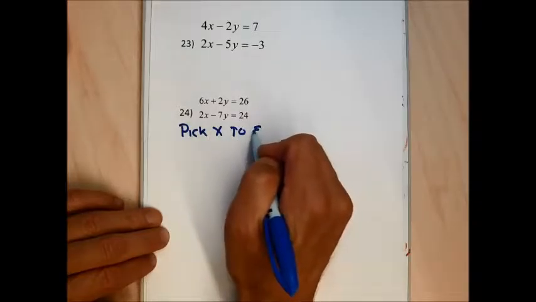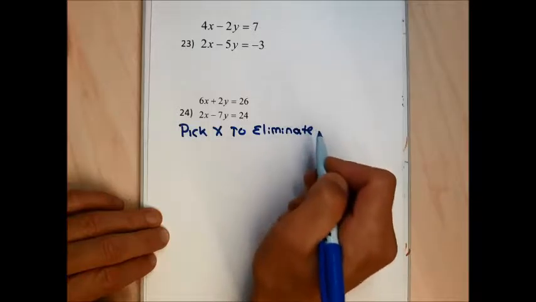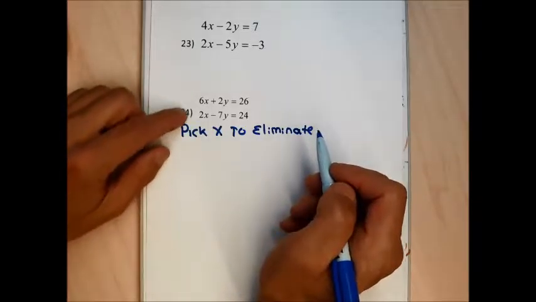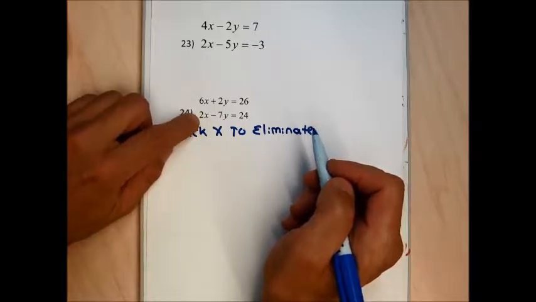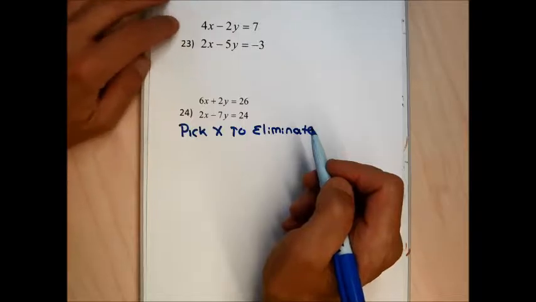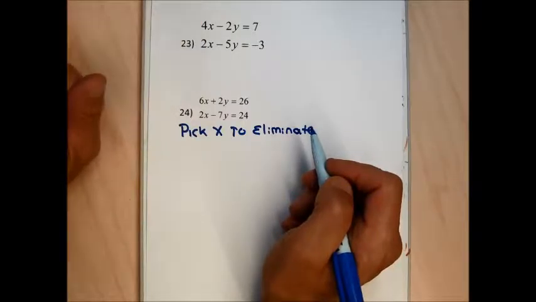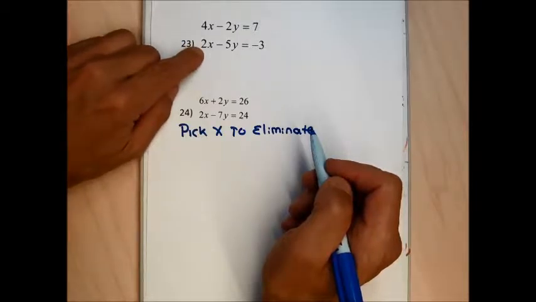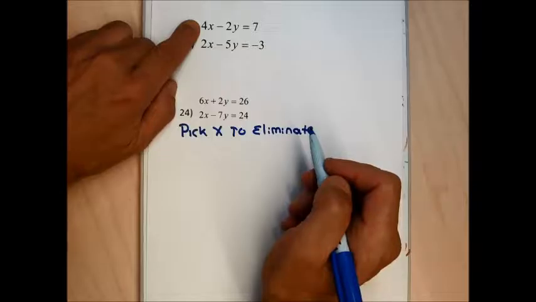The reason I'm going to pick the x to eliminate is because I'm only going to have to multiply one equation by a number. If I can multiply the bottom equation to make the number in front of the x a negative 6x. Similarly, you'll be able to pick your bottom, you can pick the x to eliminate, because with one multiplication, you could change the number in the bottom equation to the same number with a different sign as the x in the top equation.